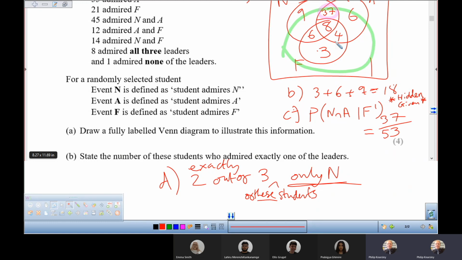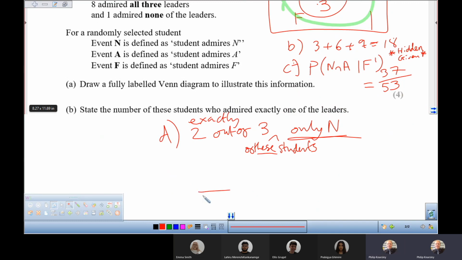So because it's of these students, and we're picking three different students, the first one's going to be out of 74, then 73, then 72. Does that make sense? Because it's out of these students.